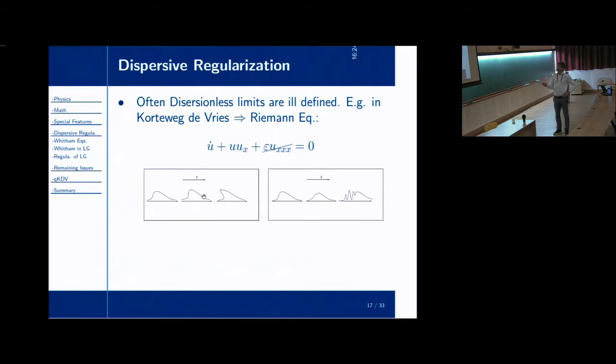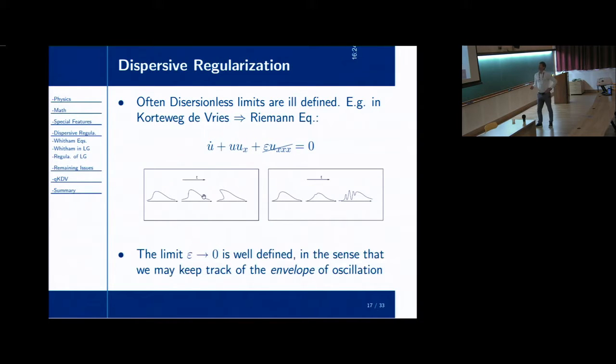What we observe, when we let epsilon go to 0, is that the oscillations become tighter and tighter. The frequency of the oscillation becomes higher, and the wavelength becomes smaller as epsilon becomes smaller. In the limit epsilon goes to 0, we can keep track of the envelope of these oscillations.